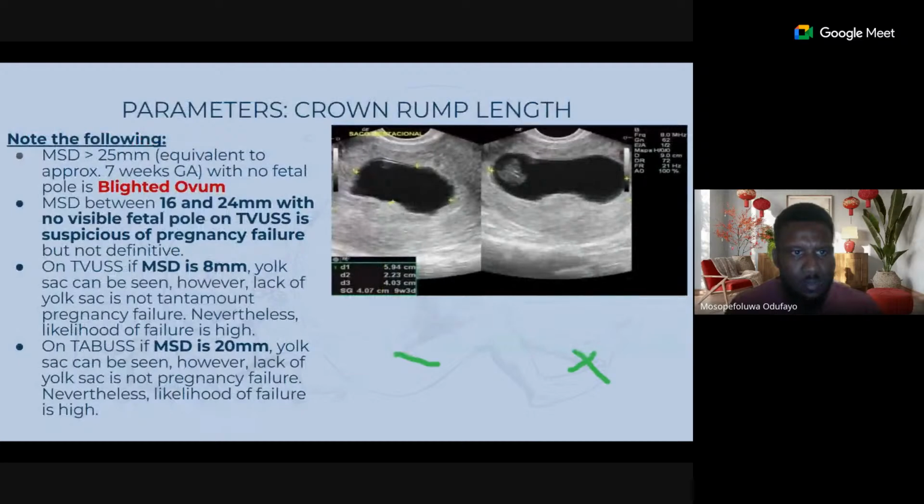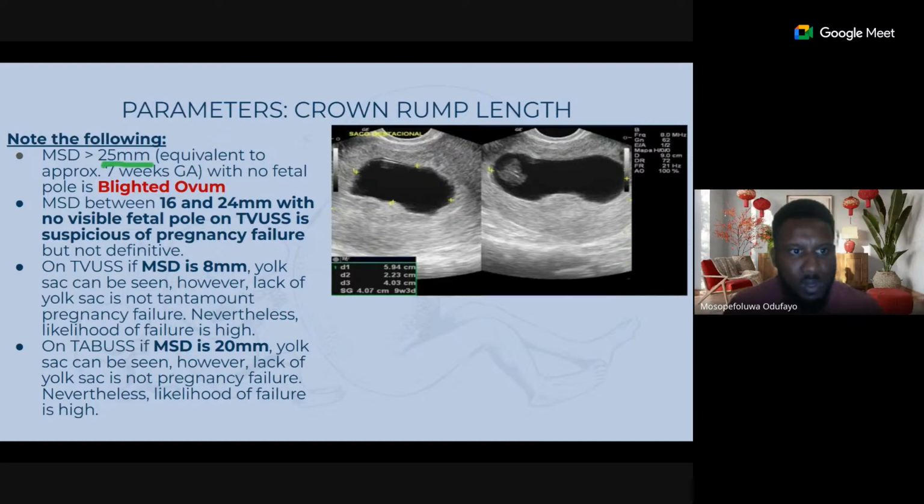Is that okay? So now, the same way we said, if you have a CRL greater than 7 and you don't see a fetal heart rate, that baby is gone. It's a miscarriage. If you have a mean sac diameter greater than 25 millimeters and you don't see a fetal pole, that is not a viable gestation.